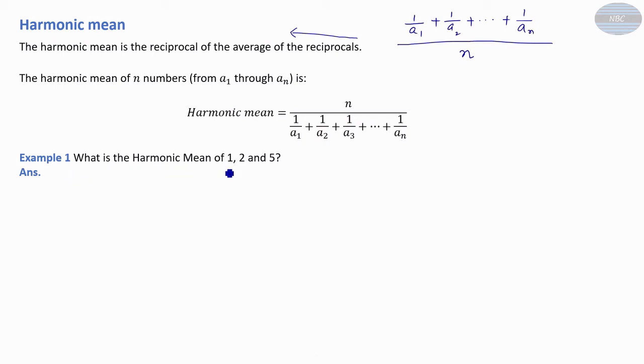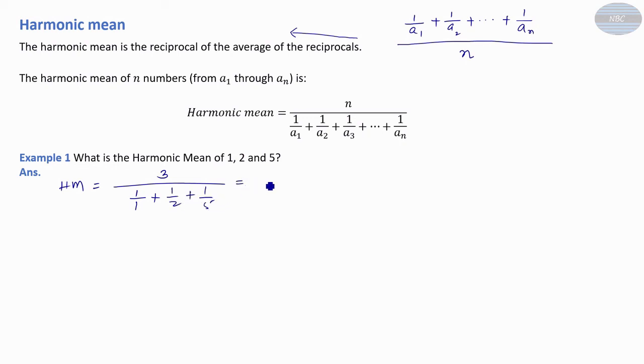What is the harmonic mean of 1, 2 and 5? Okay, so here n is equal to 3, very simple. So let me find the harmonic mean. HM is equal to 3 divided by 1 divided by 1, plus 1 divided by 2, plus 1 divided by 5.